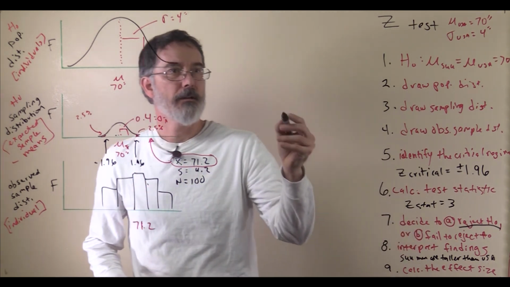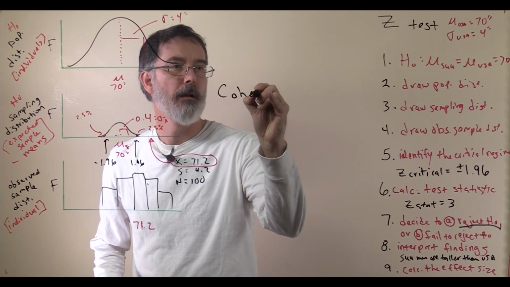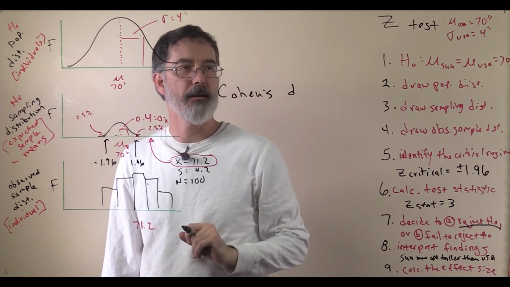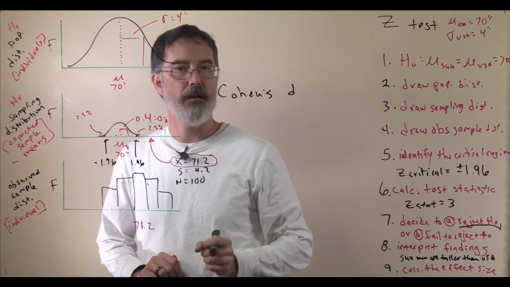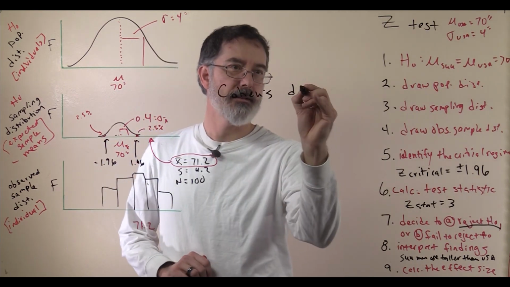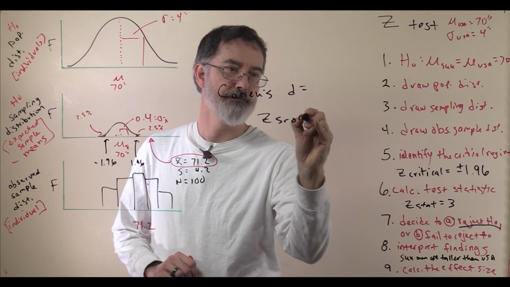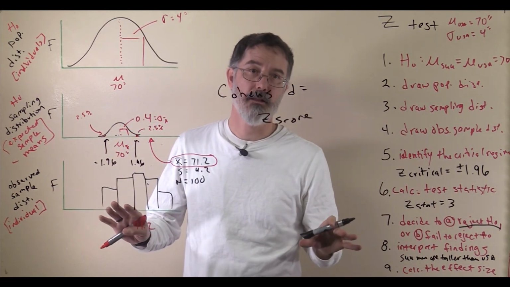It's called Cohen's D. Cohen's the guy's name, Jacob Cohen, and he created this effect size called D. And Cohen's D is another z-score. We've got z-scores all over in this class.